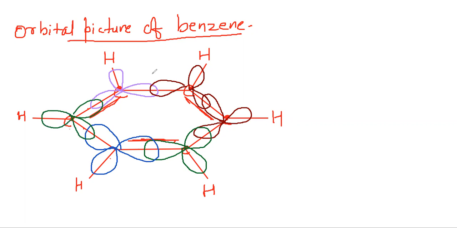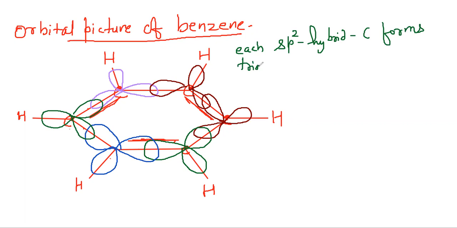So in this way, each sp2 hybridized carbon forms a trigonal planar arrangement in a cyclic form.